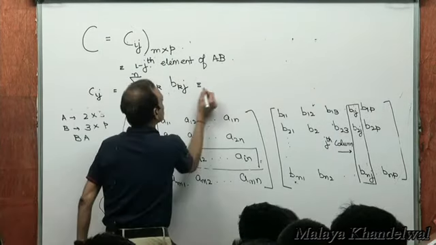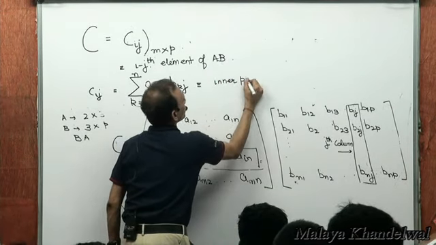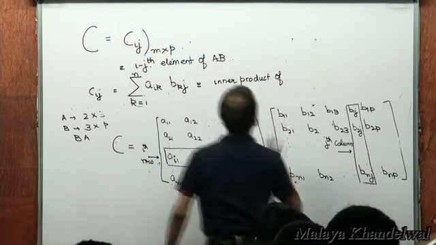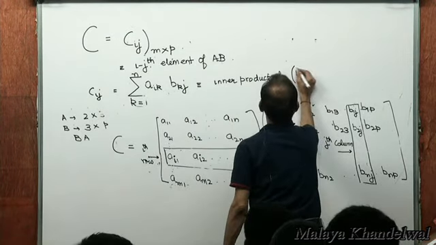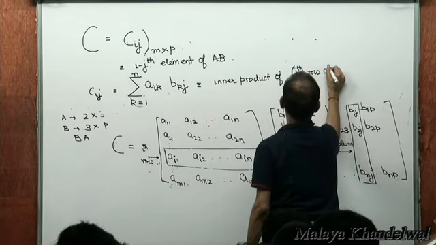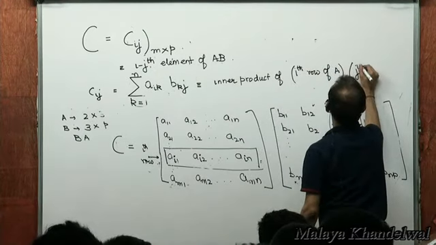I'm going to say, okay, this is the inner product of the ith row of A into the jth column of B.